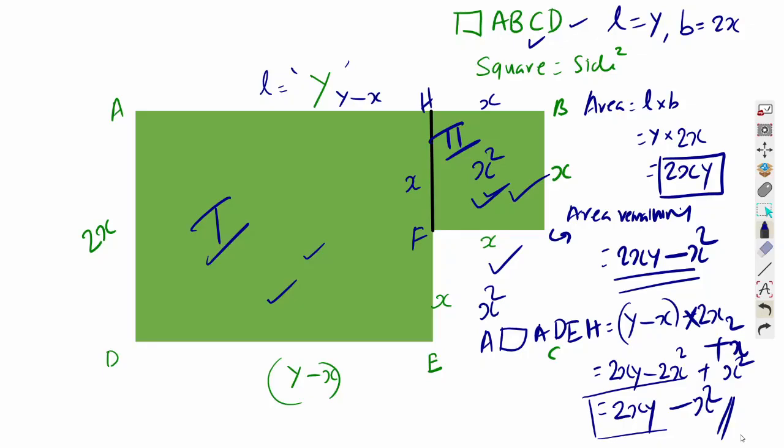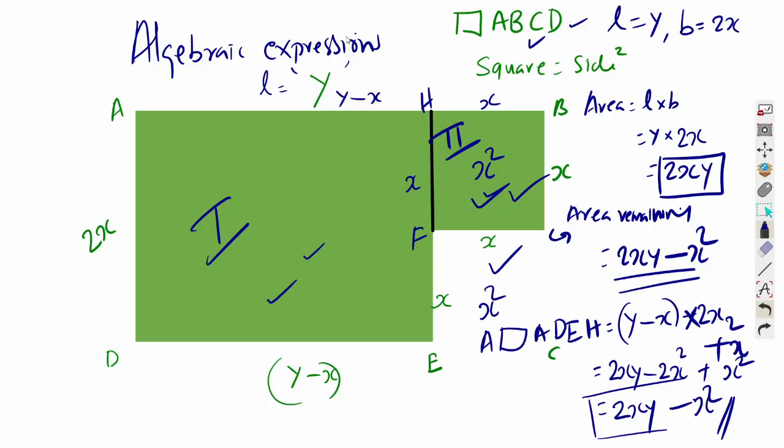So why did I do all these things? We were simply using xy, 2xy, x square, which are named as algebraic expressions, instead of numbers to solve a situation like this, where we were applying the formula of the area of rectangle and square.